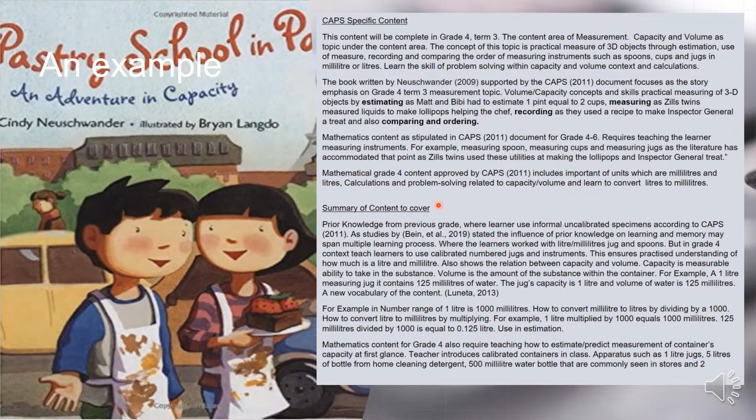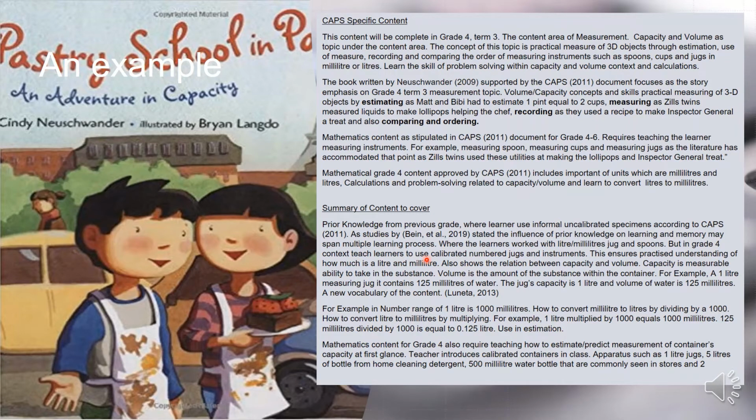Now, in summary of the contents to cover, you cover prior knowledge from the previous grade, where the learner is informally introduced into CAPS. Studies show that prior knowledge influences learning and memory and may span multiple learning processes.